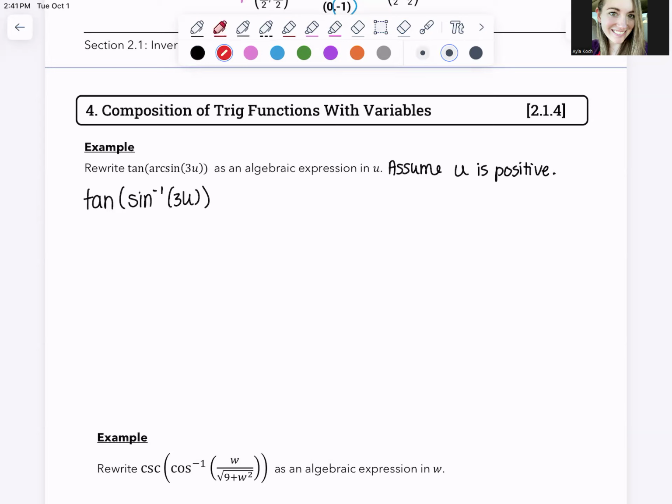The super important thing that I have mentioned several times, when you have inverse trig on the inside, set inverse trig equal to theta. Rewrite as regular trig.